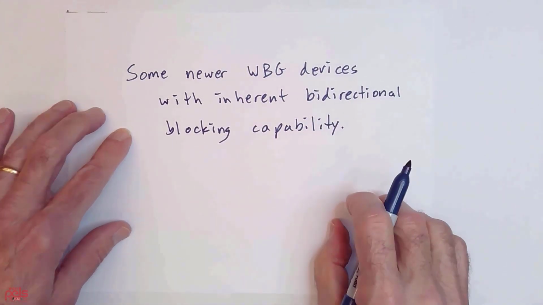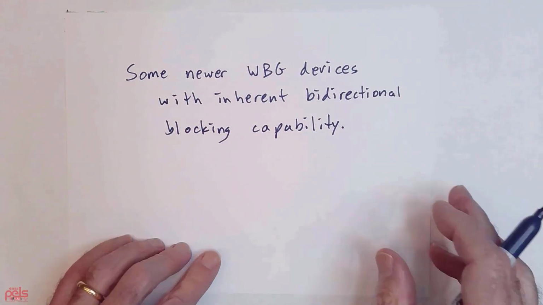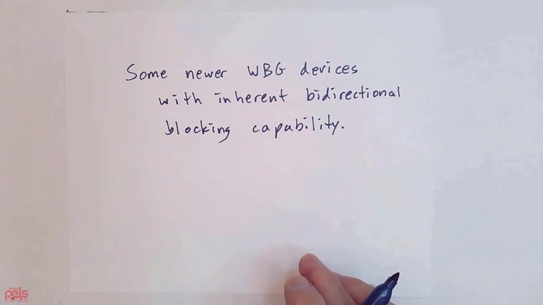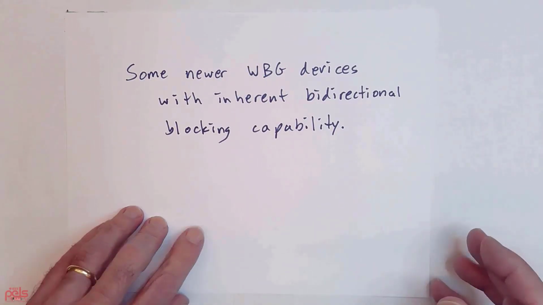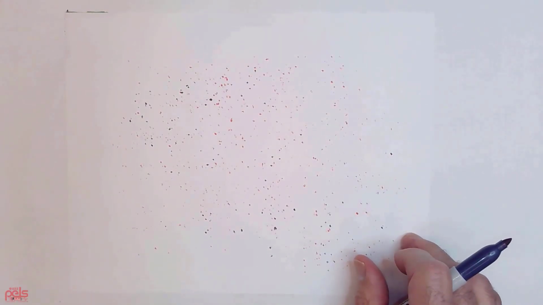Okay, so that has changed the equation a little bit in the sense that some of the applications where we didn't look very closely at the current source inverter before are certainly becoming a lot more viable. But let's take another look.